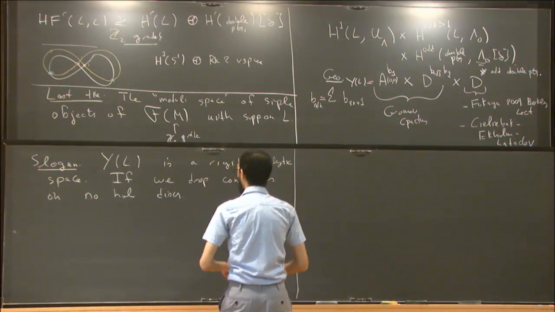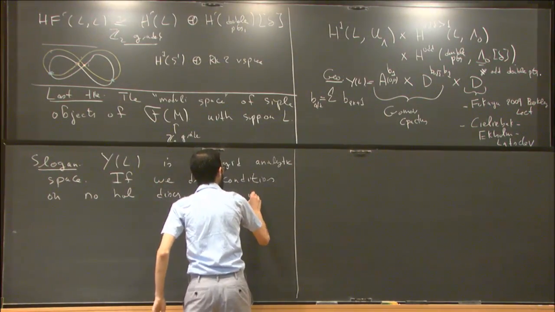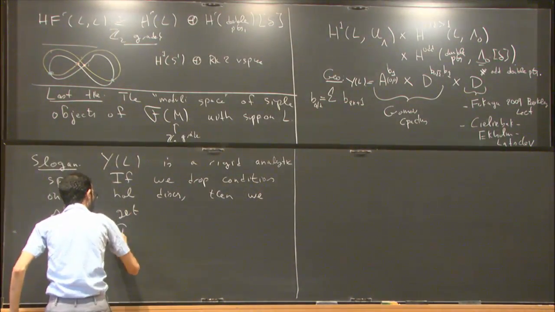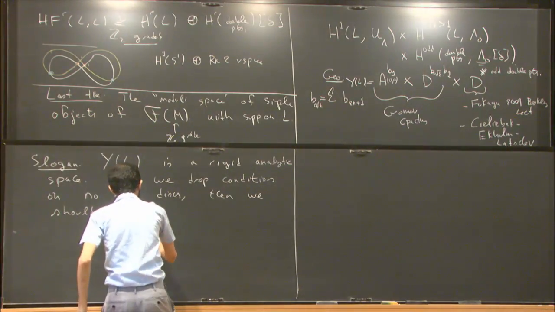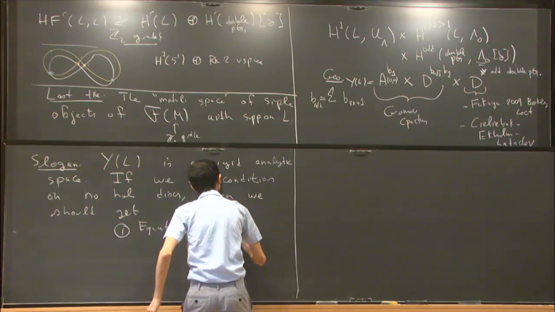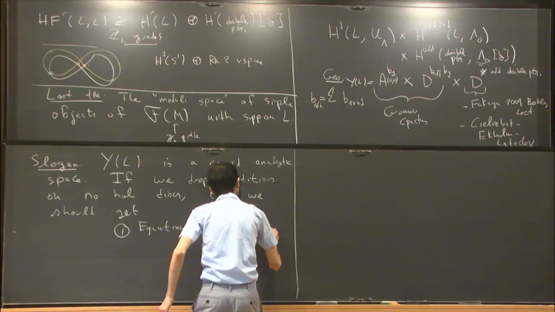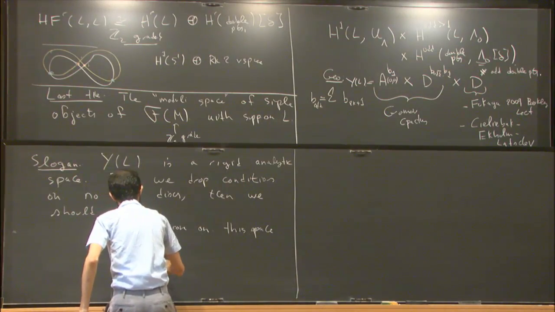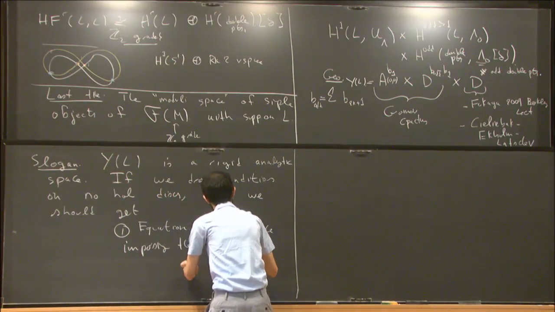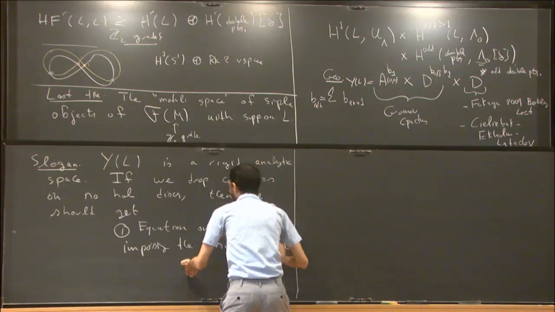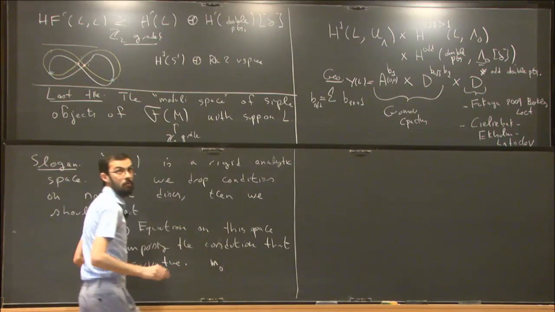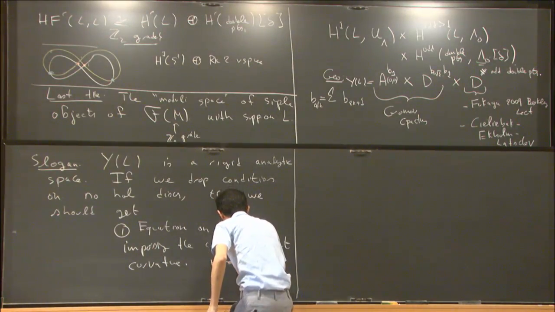Okay, so the conditions on the holomorphic disks: first of all, we get some kind of equation on this space, imposing the condition that a certain curvature, let's say m0, is 0.